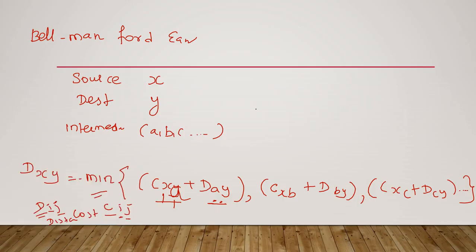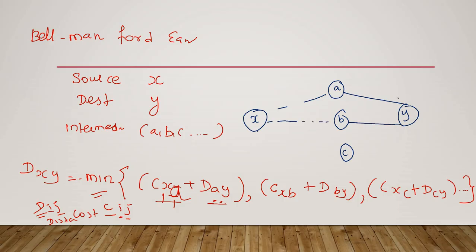Let me illustrate with the diagram for the general case of three intermediate nodes. x is your source and y is your destination. The intermediate nodes are a, b and c. If we want to reach the destination y, which path do we need to select?